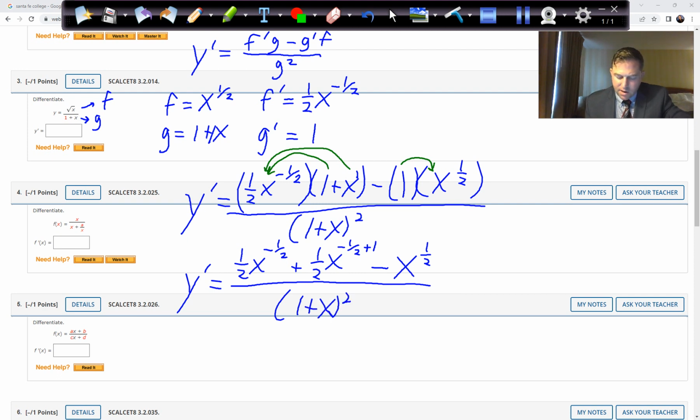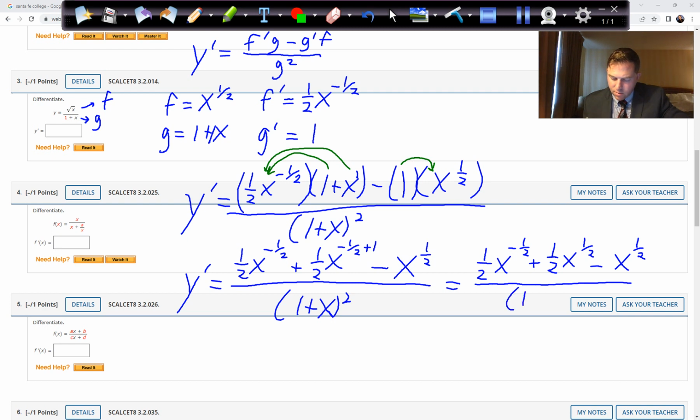Okay, now it turns out that this middle term, this minus half plus 1, will turn out to be plus 1/2. So we're going to have 1/2 x to the minus 1/2 plus 1/2 x to the positive 1/2 minus x to the positive 1/2 all over 1 plus x squared.